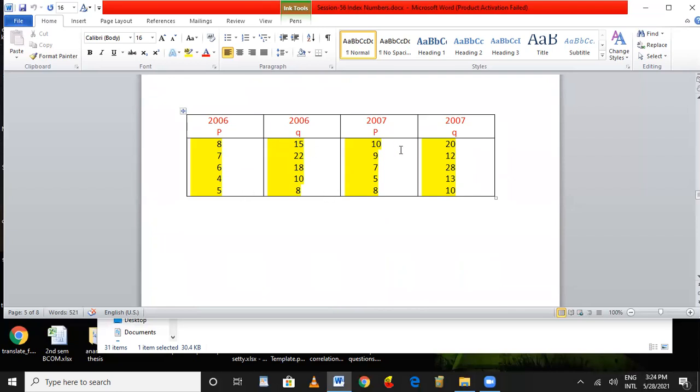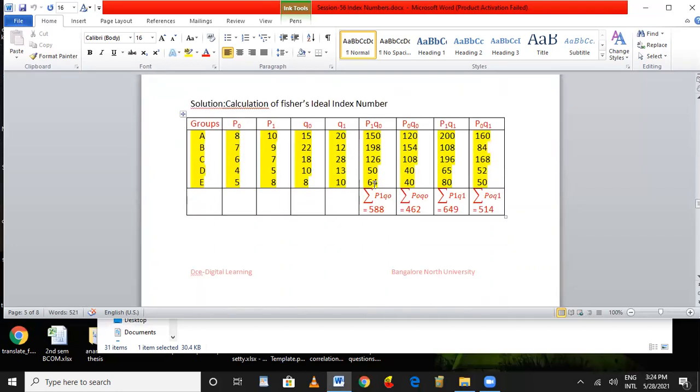For the years they have given P as well as Q. Then we get 588, 462, 649, 514, that is P1 Q0, P0 Q0, P1 Q1, P0 Q1.